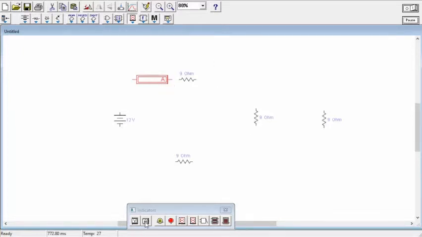So another one, this is positive, negative, negative, positive, negative, positive, negative should be here, and then positive. So we will rotate. The ammeter for this resistor: negative, positive, negative, positive. So the negative should be on top.